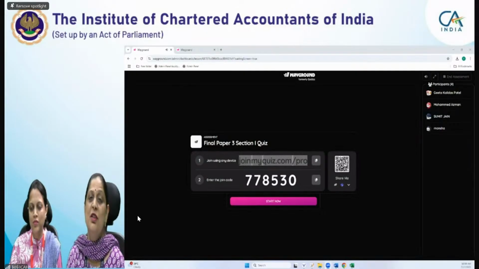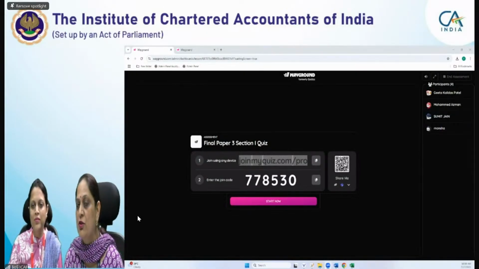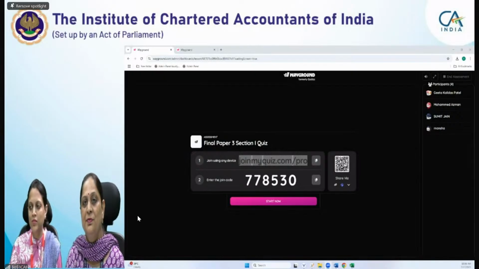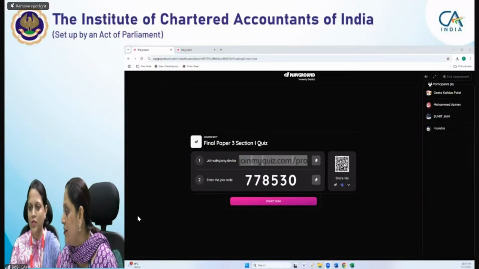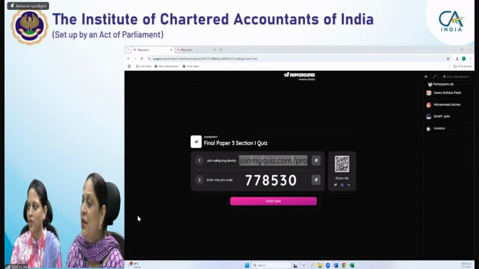Students on YouTube or who have joined through the portal but not on Zoom can also scan the code and enter the join code. Swaminathan, please join the quiz so that we can start.